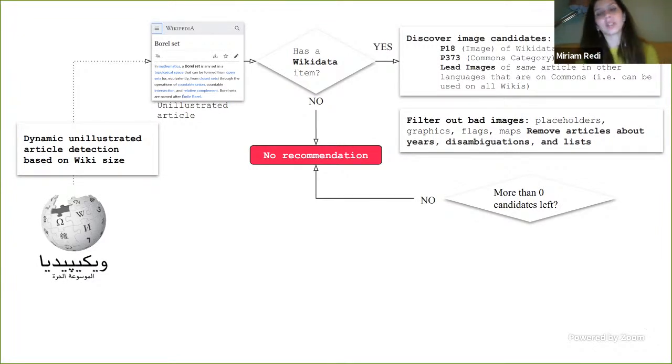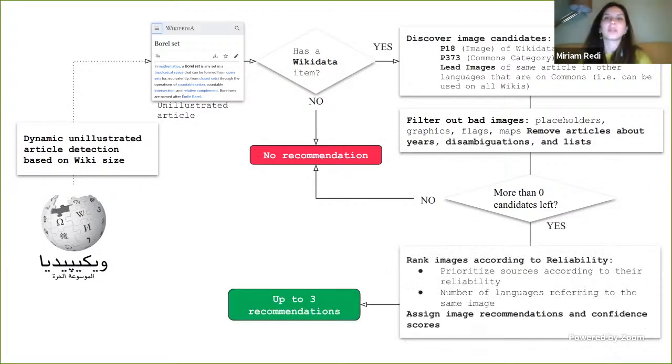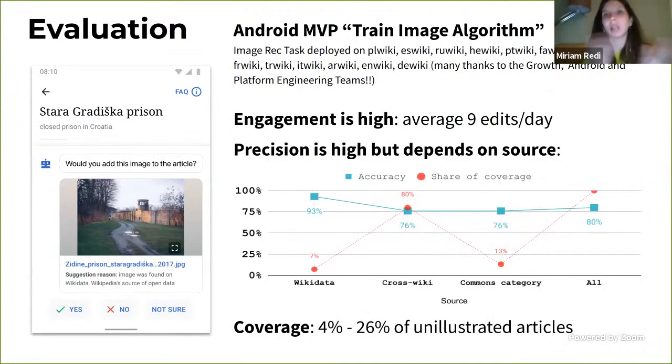And then if after this step there are still some candidates left, we are going to do some prioritization of the output of this step by looking at the reliability of the source of the candidates. So for example, we know that images that are actually coming from the Wikidata items are more likely to be good matches than if they come from the Commons category. So we're going to do prioritization and then output the recommendations. But this is how the algorithm works.